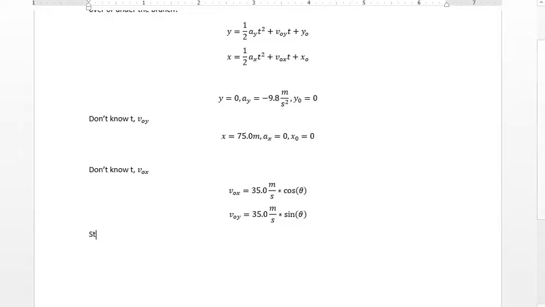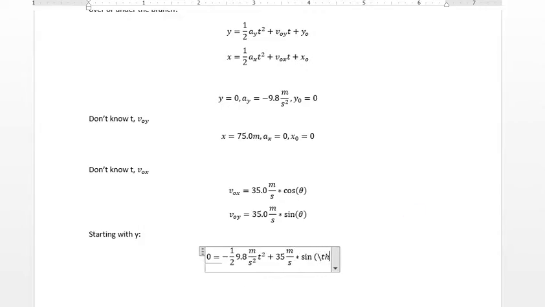So starting with y: 0 equals minus 1/2 times 9.8 meters per second squared times t squared, plus 35 meters per second times sine of theta times time, plus 0.